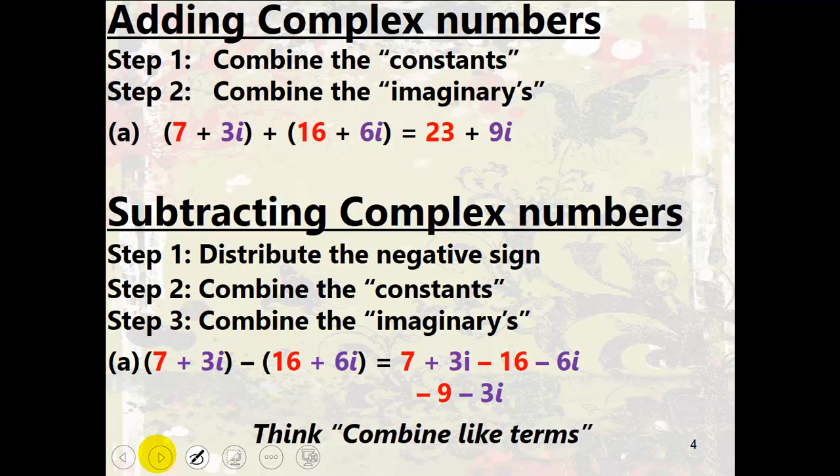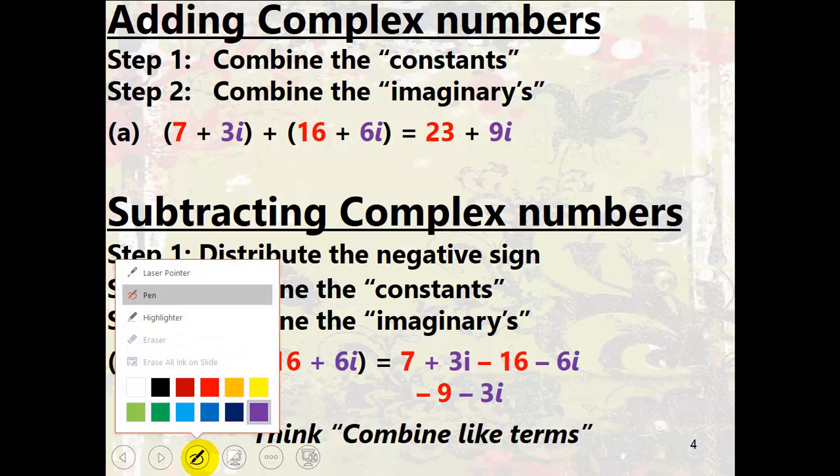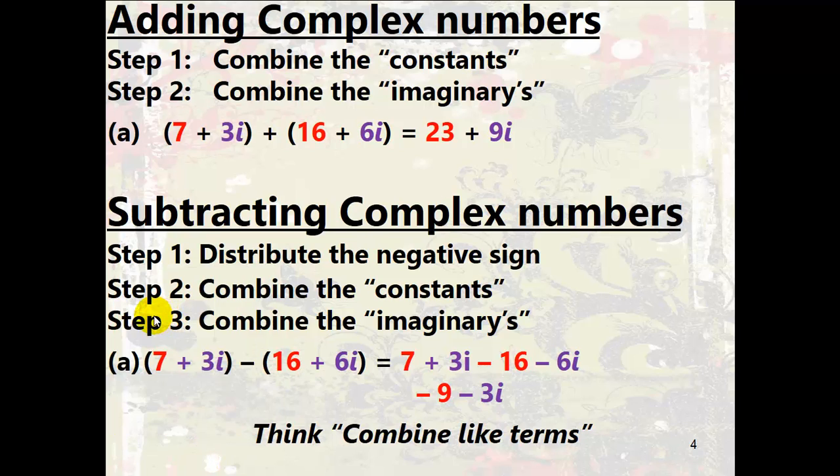So now let's move into adding these complex numbers together and then subtracting the complex numbers. So when you add complex numbers, you take their constants or their real parts and you add those together or combine them. And then you take the imaginary components of both numbers, or however many numbers you're adding, and you combine those. So in this case, I'm adding the complex number 7 plus 3i with 16 plus 6i.